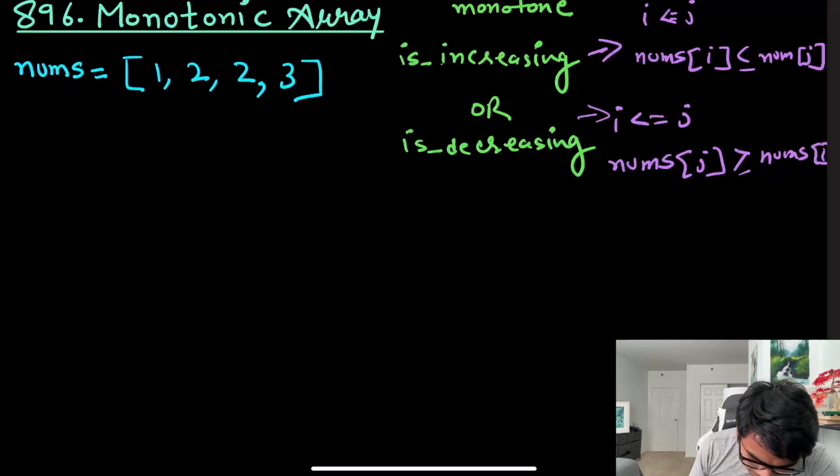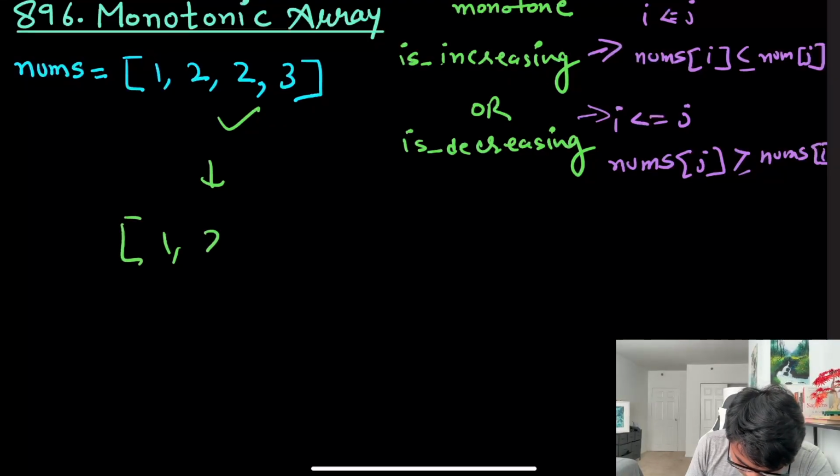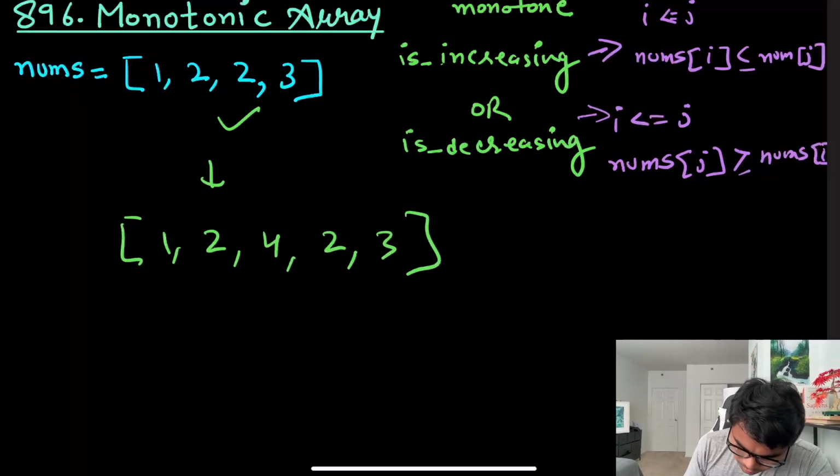So let's say this one is monotonic increasing, but if there was some value making it otherwise, that would be something like 2, and then here I write 4 and 2 and 3. So I don't have to check this 4 against all the previous values, right?